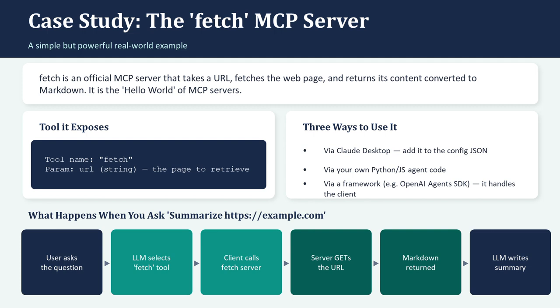You can use it according to your requirements. Here I have mentioned the workflow at the bottom. The three ways are via Claude Desktop, via your Python or JS code, and then via a framework.